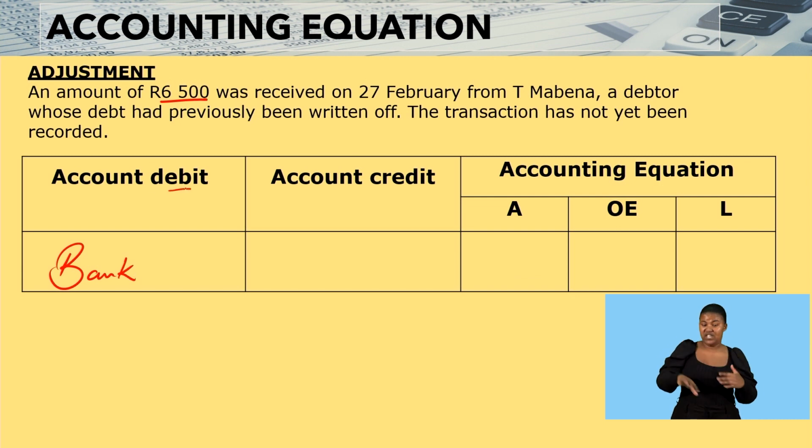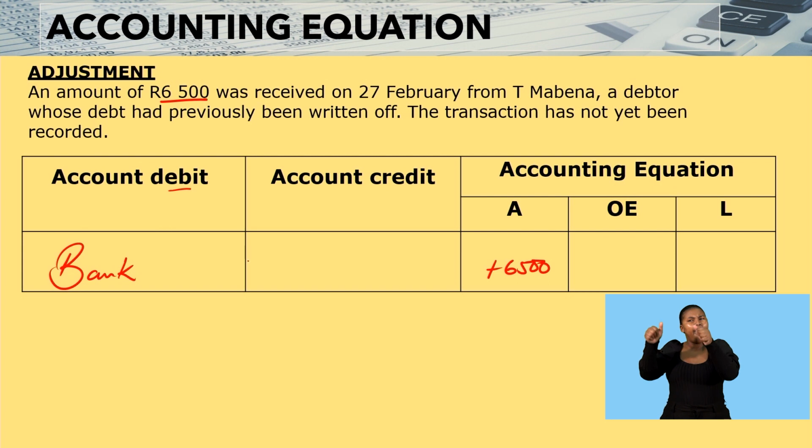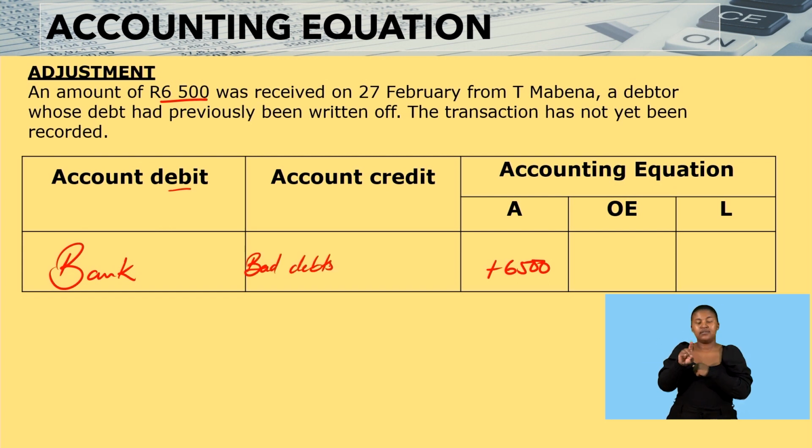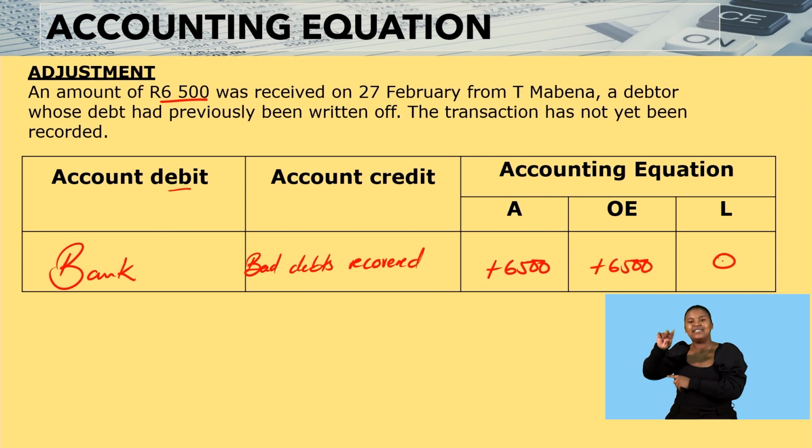Once I debit bank, my assets are increasing, plus 6,500. And the account to credit is bad debts recovered. And when I credit bad debts recovered, which is income, my owner's equity will increase, plus 6.5. My liabilities, therefore, will become 0.